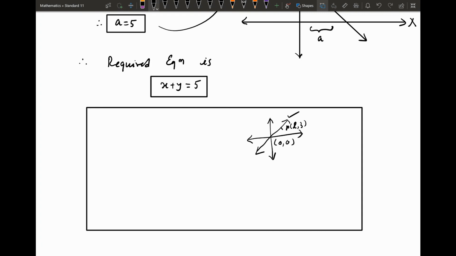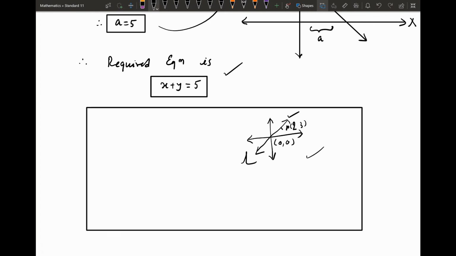This is also a possibility. If we denote this line L, you can observe L is the line passing through the point P (2, 3) and also through the origin. So both intercepts are 0. In the earlier case we considered x intercept not equal to 0 and y intercept not equal to 0, and both equal. But this is also a possibility.